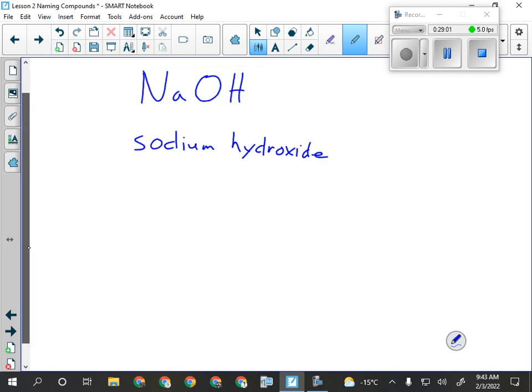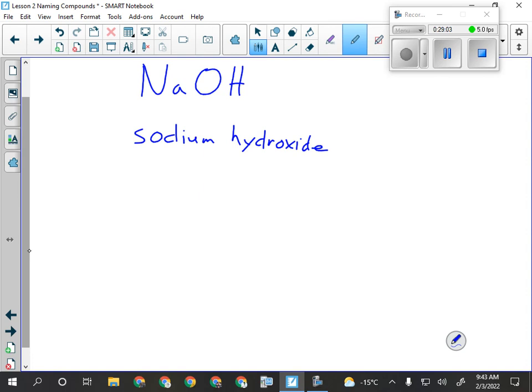Okay, so what would this stuff be called? Copper sulfide? Close.